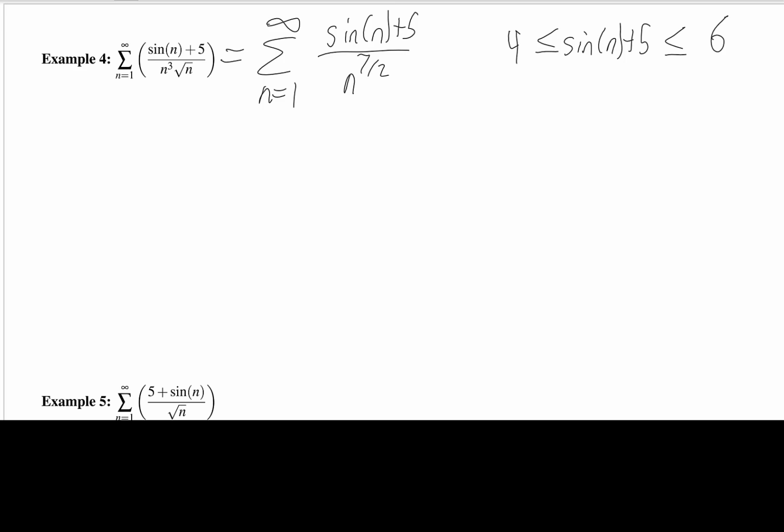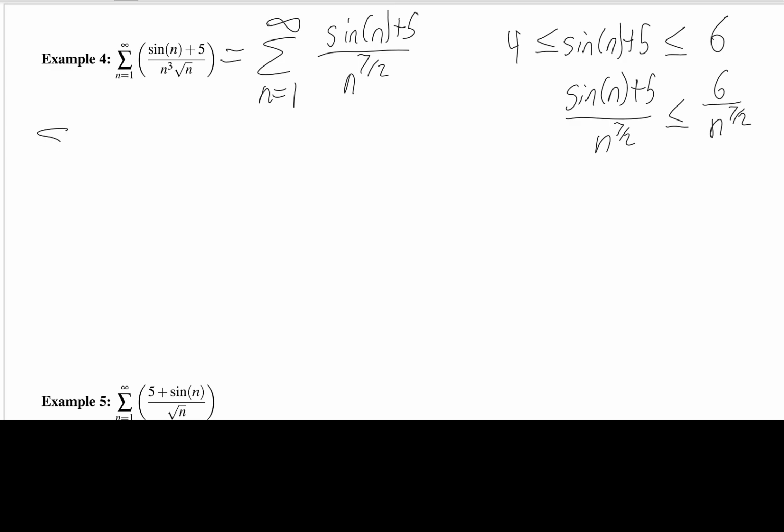Which tells me that, so what I'm looking at is we're going to have a denominator of n to the 7/2. If I'm thinking about this series with 1 over n to the 7/2, I know that's going to converge since it's a p-series. So I want to look at the bigger inequality, meaning I want to look at the fact that sine of n plus 5 over n to the 7/2 is less than or equal to 6 over n to the 7/2.